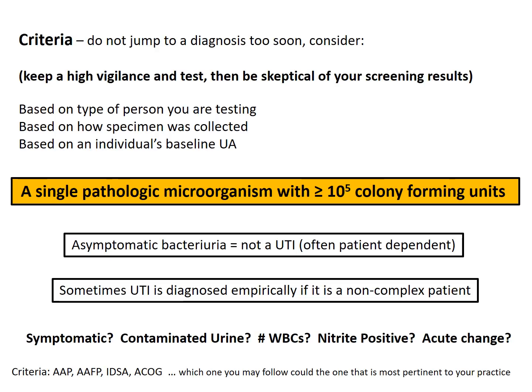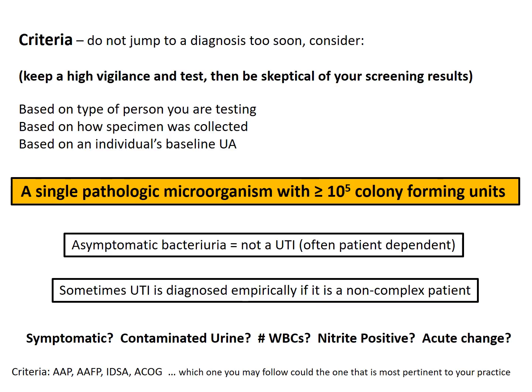So who are you testing? How is that specimen collected? Was it clean? Did it have the potential for contamination? And what might be the patient's underlying UA, specifically if they've had chronic instrumentation or chronic indwelling Foley catheter? Take that all into account.